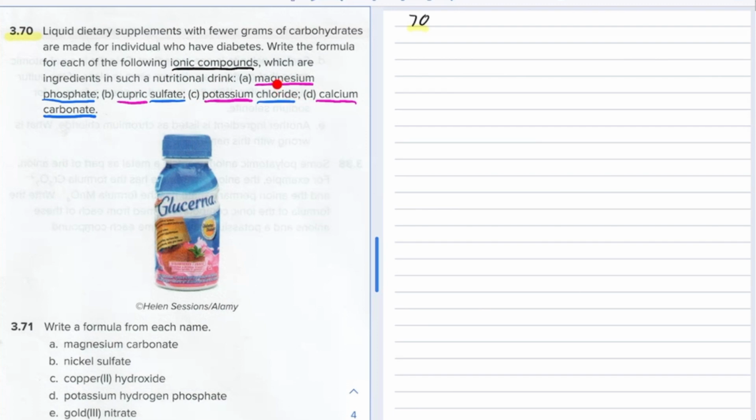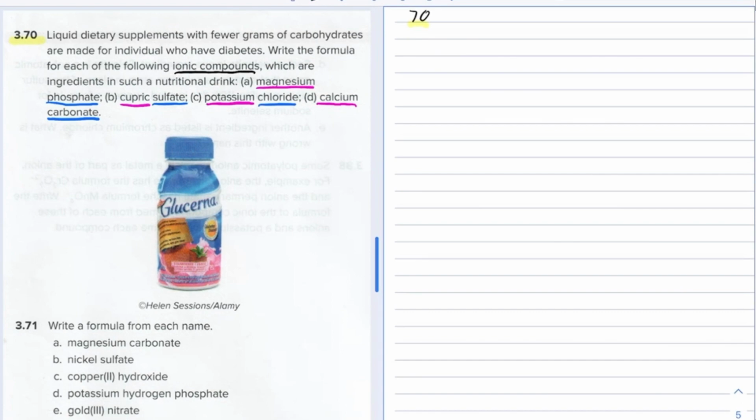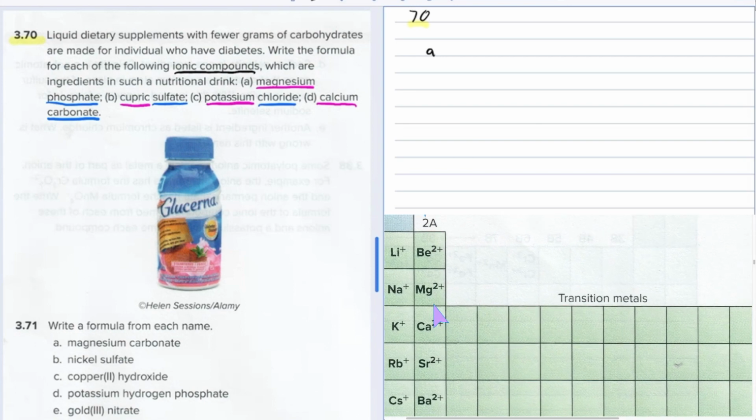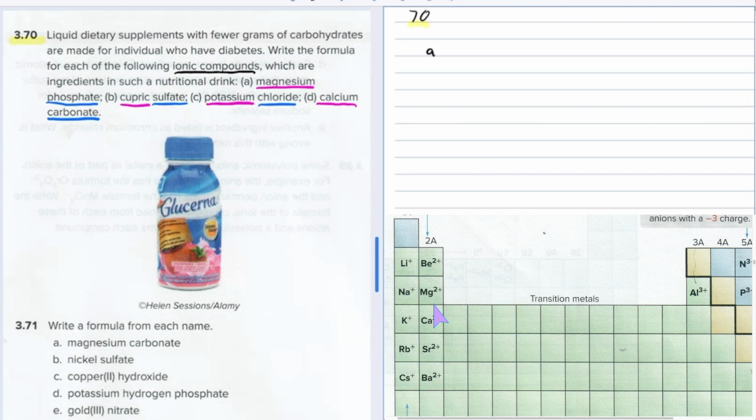You see magnesium. Let's do A first. So A, we have magnesium. And magnesium is an alkaline earth metal. It's in the +2 column. So that's what magnesium is.